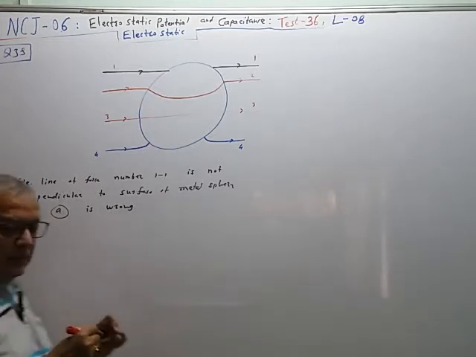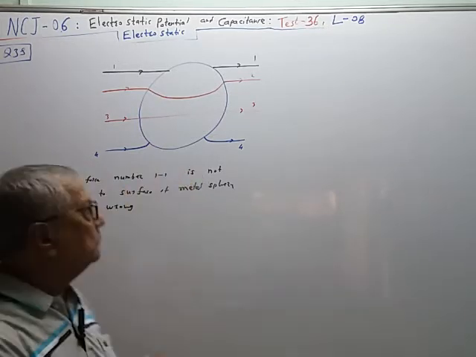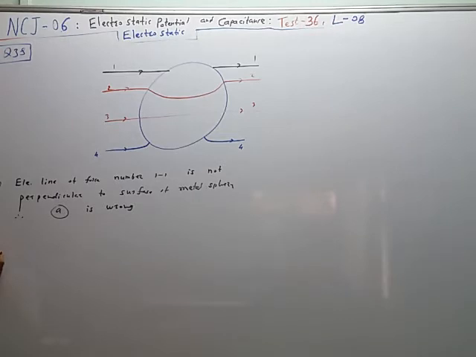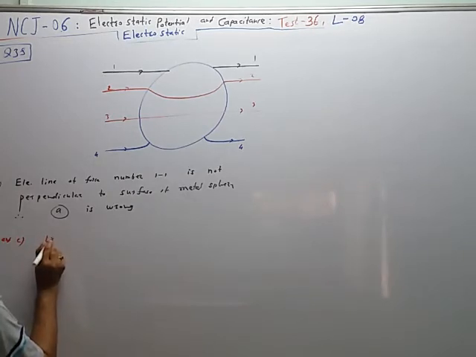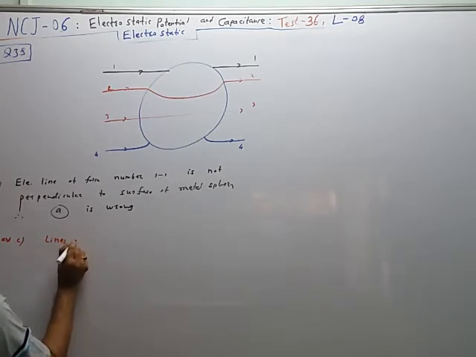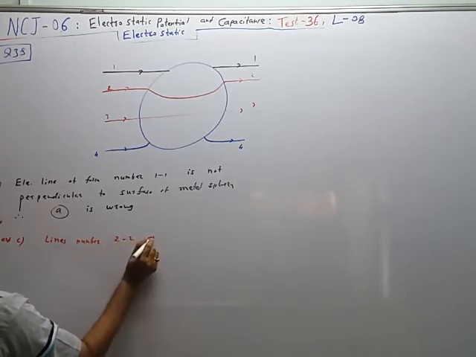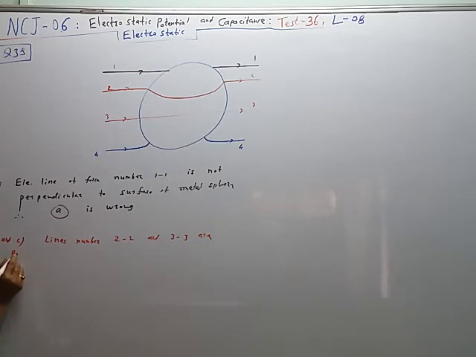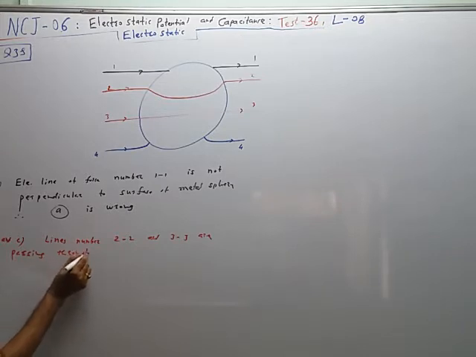Now, we will consider line number 2 and 3, B and C. Line number 2 and 3 are passing through metal.